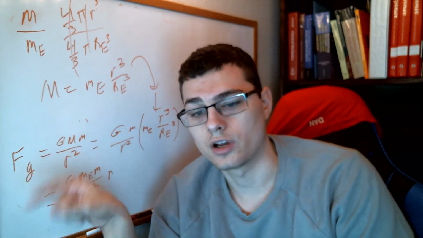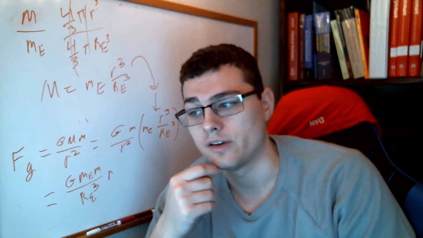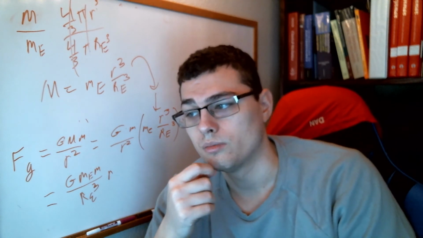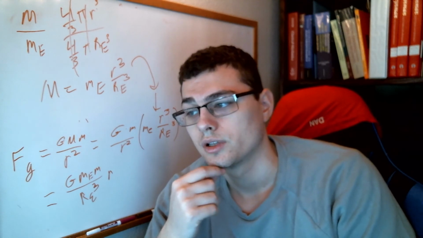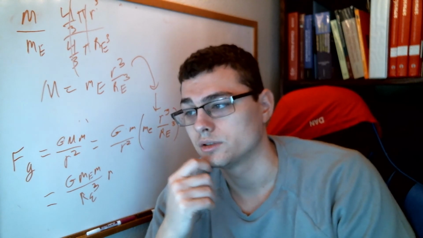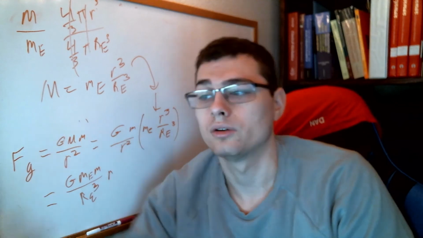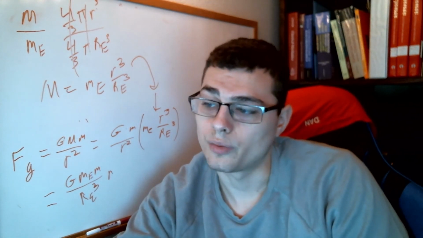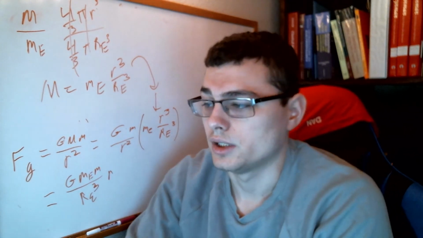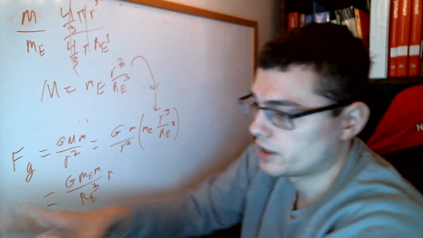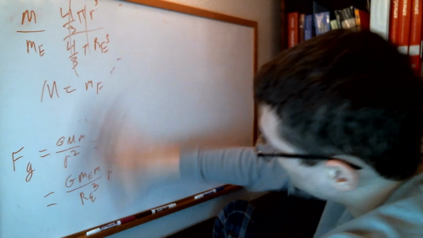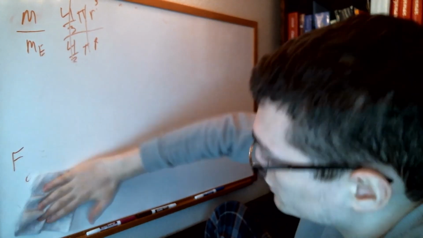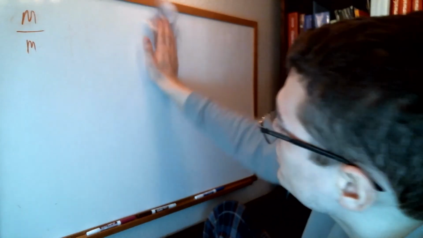But when you're on the equator, there's going to be more of a force that changes your apparent weight. So we have to use your radial acceleration to account for this.